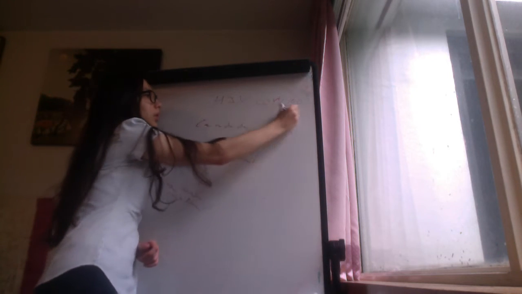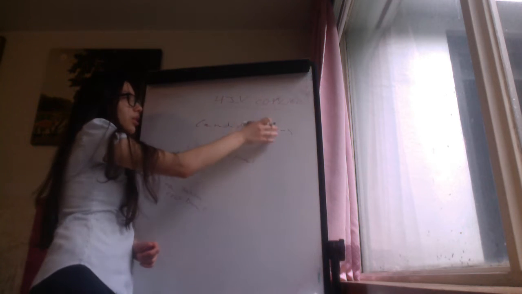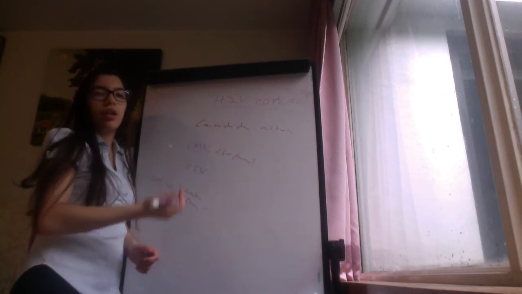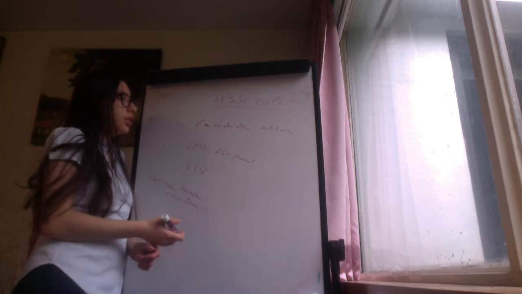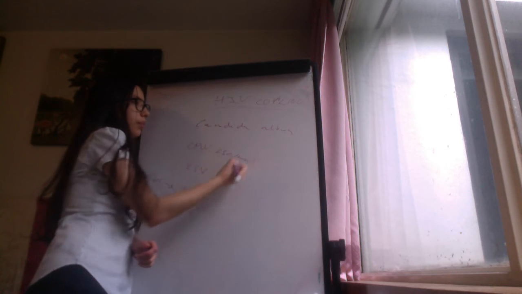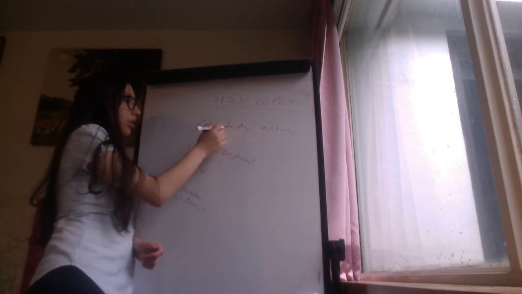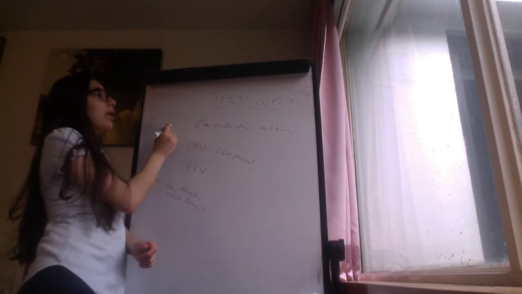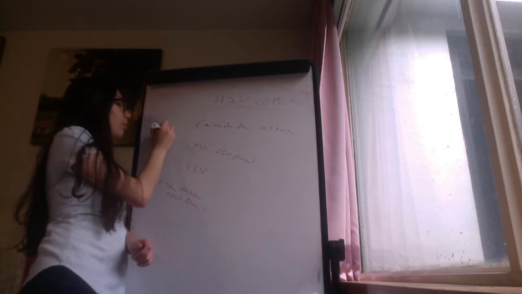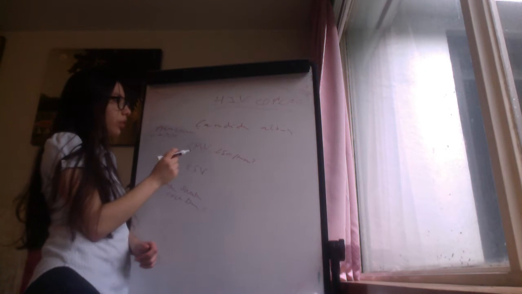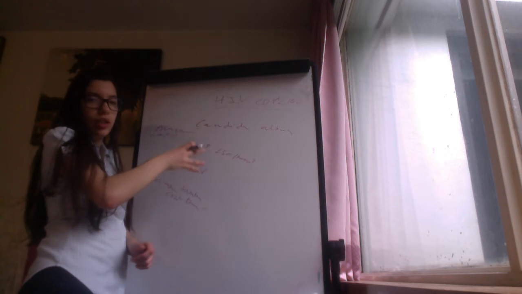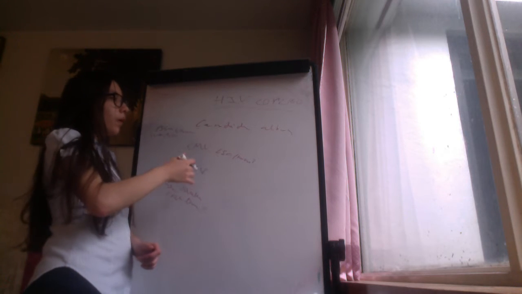If we begin with a patient HIV positive with CD4 count less than 100 and esophagitis, then we think that it's Candida albicans. This we would see on endoscopy as pseudomembranes that are erythematous, white, yellow, adhered to the mucosa.